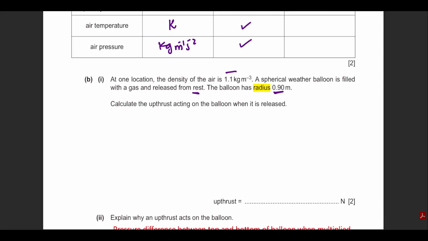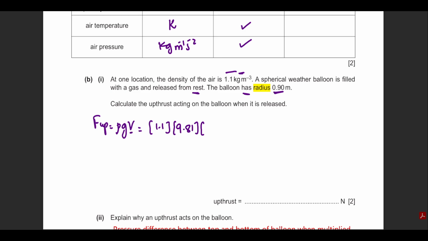So calculating the upthrust requires us to use the Archimedes principle, which is that the upthrust is equal to ρgV. V is the volume of the fluid that is being displaced. So that is generally the volume of the balloon itself, because that's what is being displaced. The density is 1.1, given in the question. g is 9.81, and then we have the volume.